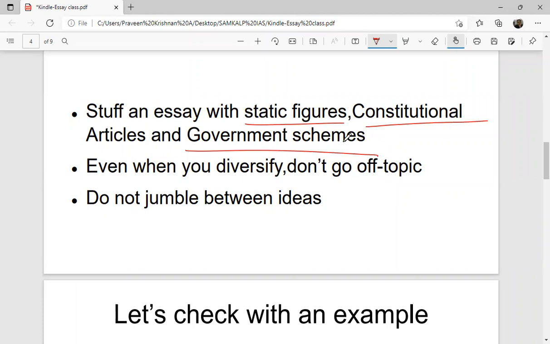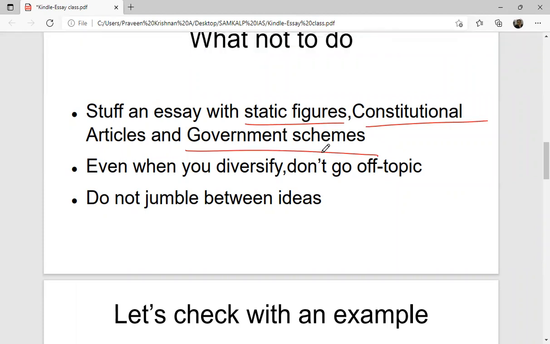You may use them a bit, based on the context here and there, but your essay should not be filled with government schemes or constitution articles or things like that. That's why I mentioned right in the beginning that you should approach an essay with an analytical bent of mind.